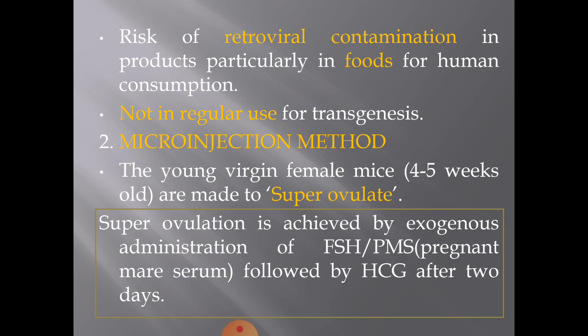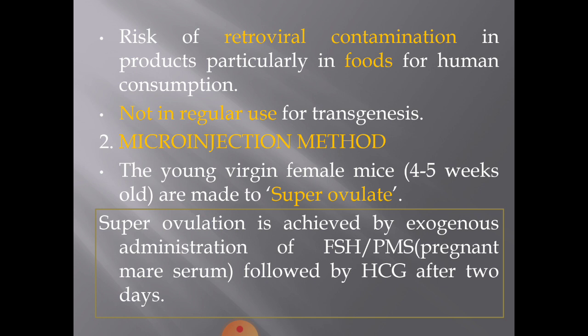You must be knowing a hormone called FSH, that is follicle stimulating hormone. You must be knowing another hormone called PMS, pregnant mare serum hormone. Okay, mare is a female horse. Right, pregnant mare serum.